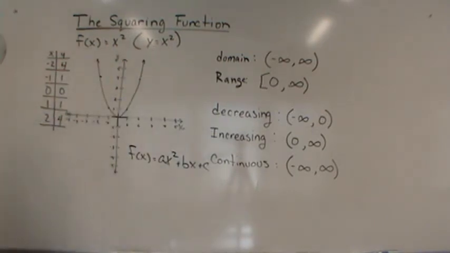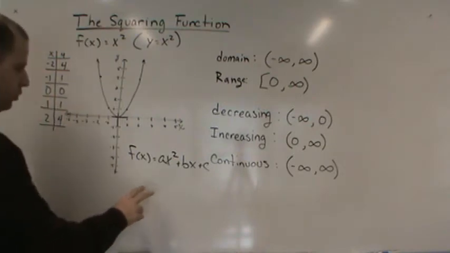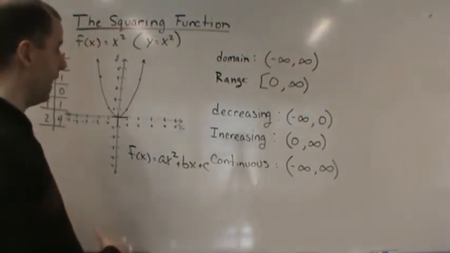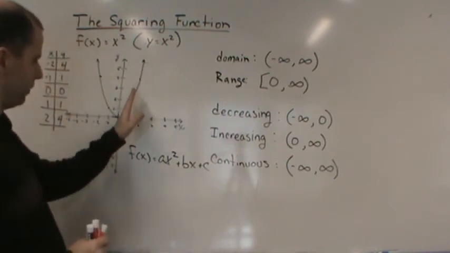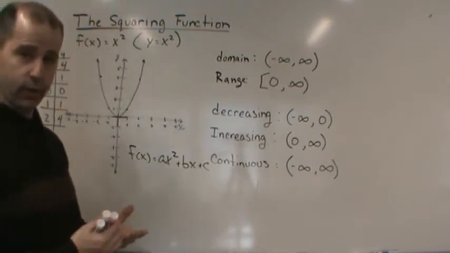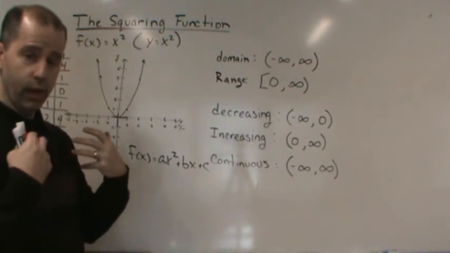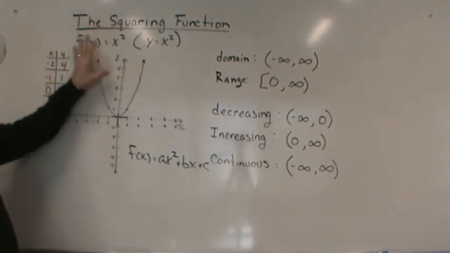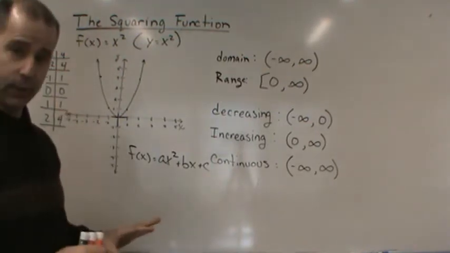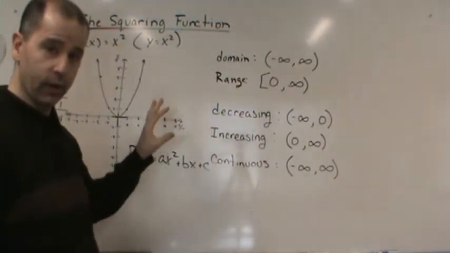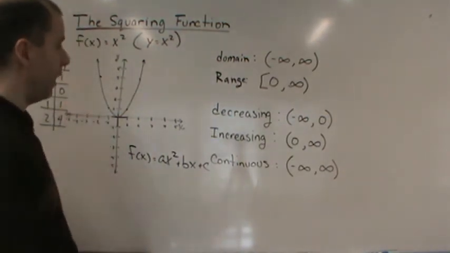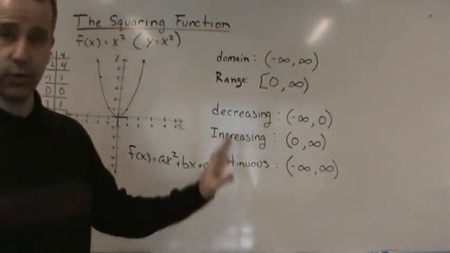We're not going to get into too much of this now, but we will use transformations later on to ask how I can use the parent function, the basic squaring function, to graph other functions. Because if I know this, then as you're going to see, it'll be pretty easy to go to other graphs. So that's that.